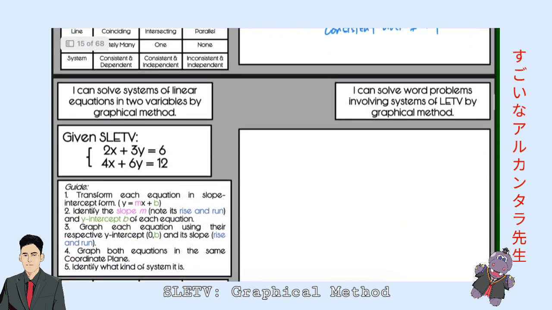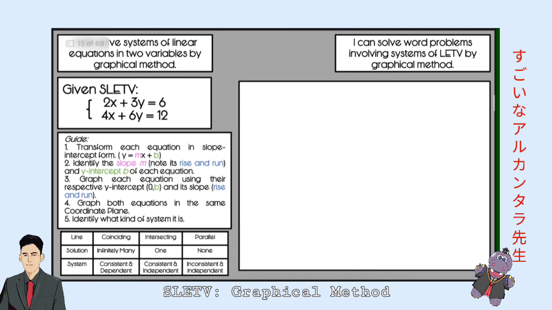So let's try some more examples. Let's have 2x plus 3y equal to 6, 4x plus 6y equal to 12. Like earlier, let's make use of this as the first one, this as the second one. Let's have the first one being 2x plus 3y equal to 6. Subtract 2x to both sides. You'll get 3y equal to negative 2x plus 6.